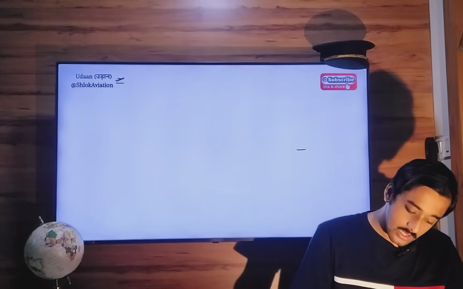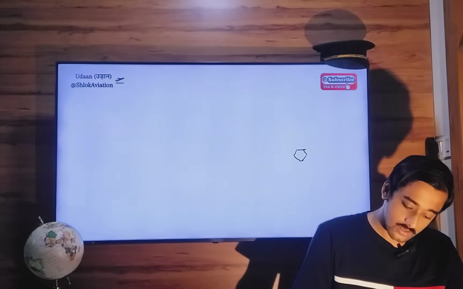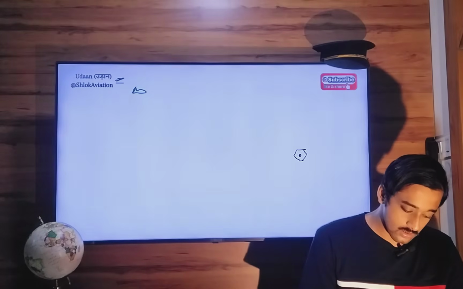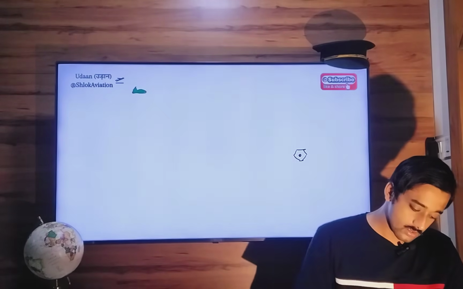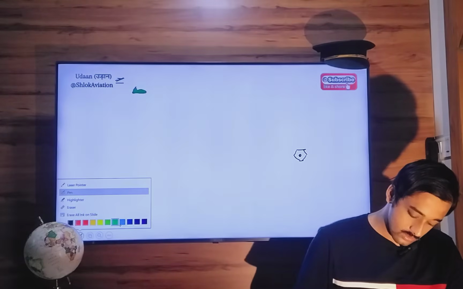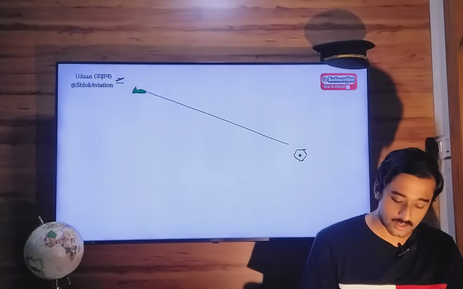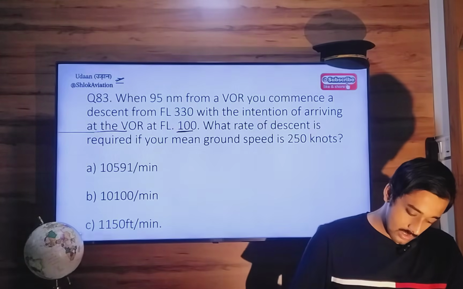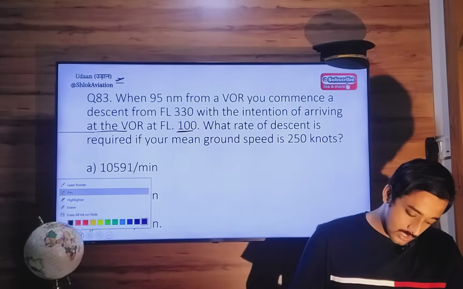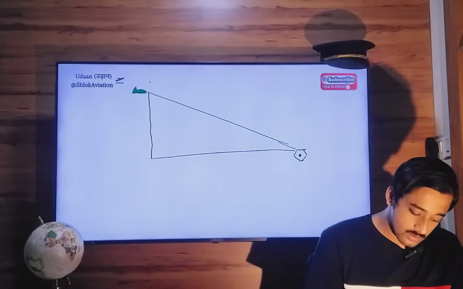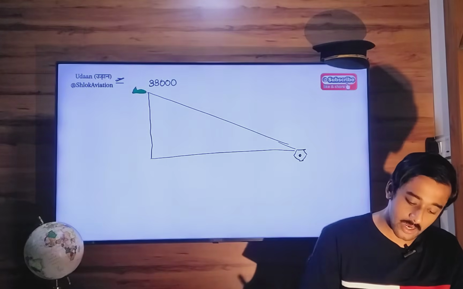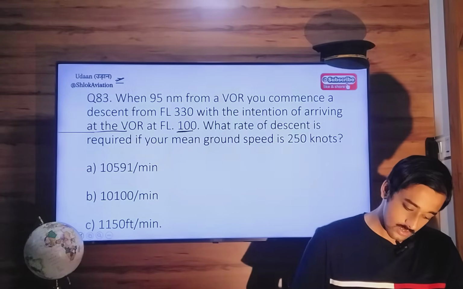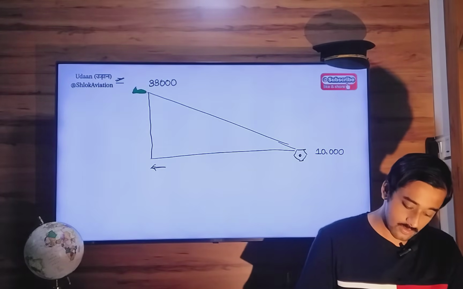So let's say this is your VOR station. This is your aircraft here. This is your descent path. Okay. You are at flight level 330, that is 33,000 feet, and you want to come down to 10,000 feet. Distance 95 nautical miles.